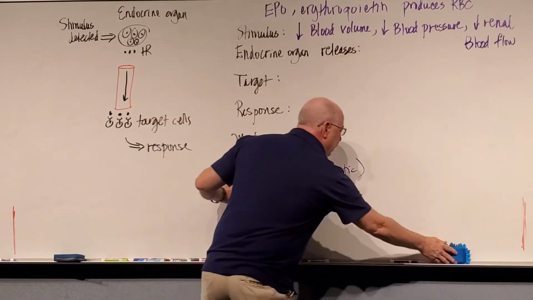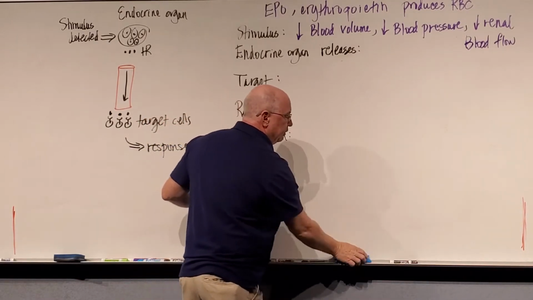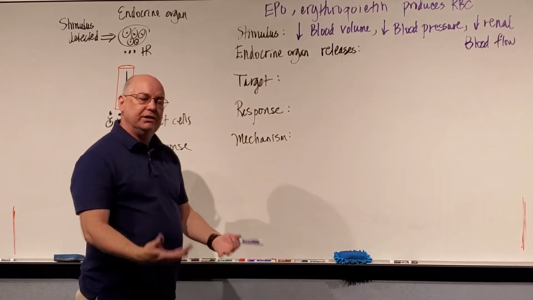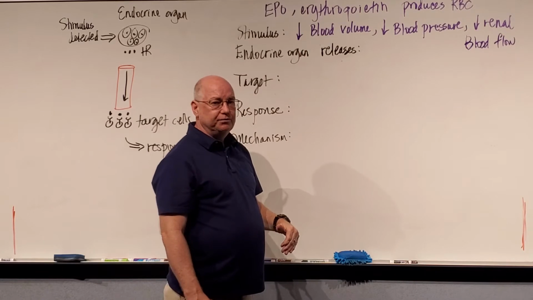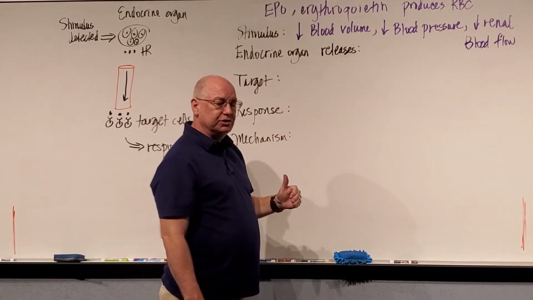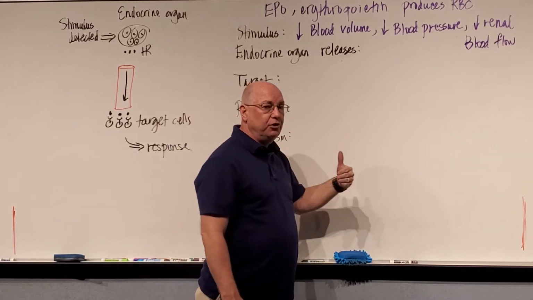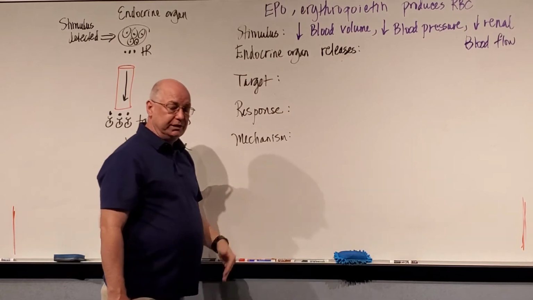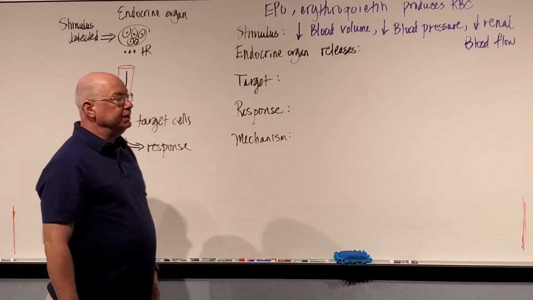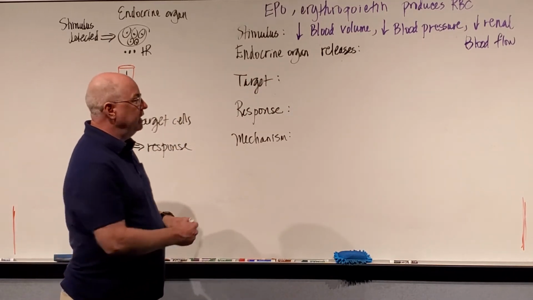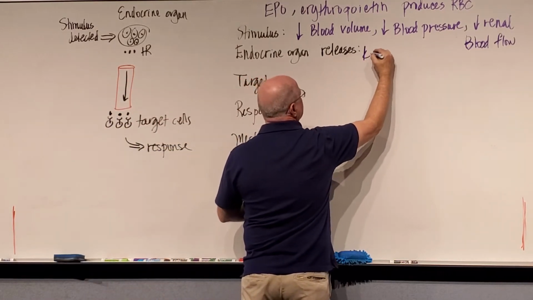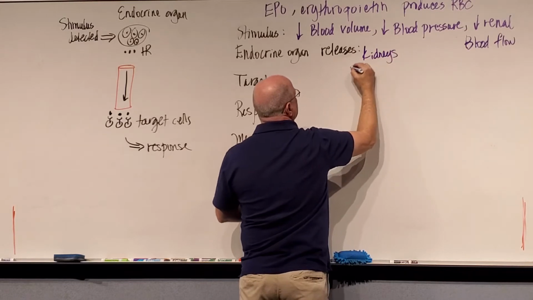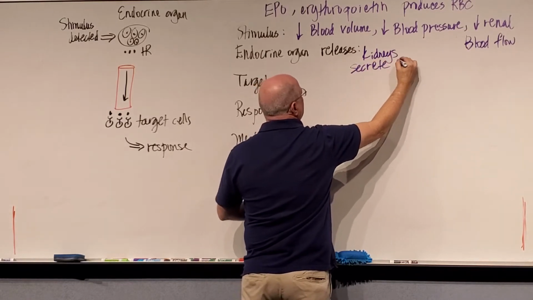Okay? So we need to maintain adequate blood flow to our kidneys to constantly clean our blood. If your blood volume is decreased, then the pressure of your blood in the system is decreased, which means the flow of blood to all your organs, particularly the kidneys, is going to be decreased. In response to that, the kidneys are going to release erythropoietin.